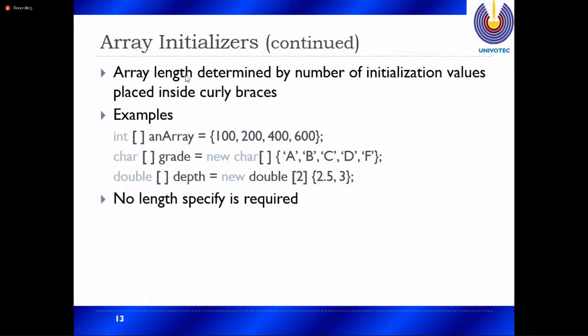If you assign the values, it has 4 elements. Here also no length, but here there are 5 elements. Here 2 elements are already declared inside, so you cannot increase the number of elements. If you define the number of elements as 2, you can't put other values here. Only 2 values.